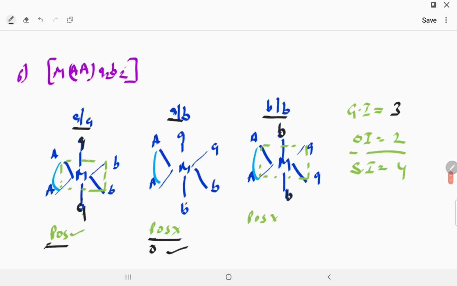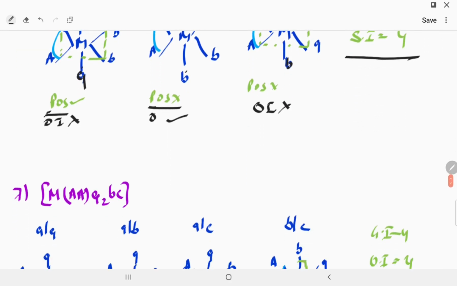We can cut into 2 equal halves, so it will show a POS plane. Whenever the POS is there, optical isomer is absent. So we can say geometrical is 3, optical is 2. Total 3 and 1, 4. This will show 2, this will show 1, this will show 1. Total stereoisomers are 4. I hope guys this is very clear to you.